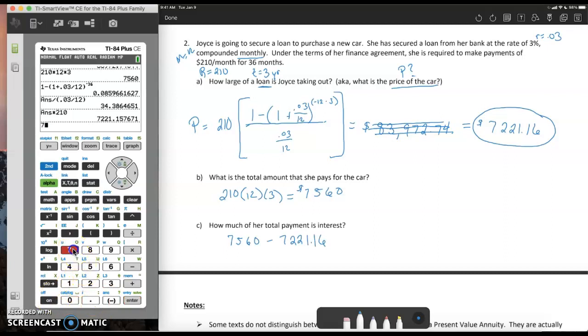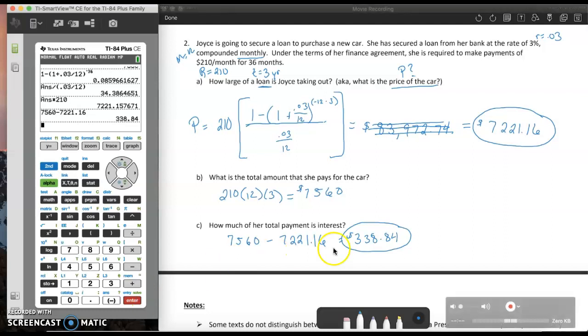So let's see, what is 7,560 minus this more acceptable value here for the car, $7,221.16. So she paid $338.84 in interest.